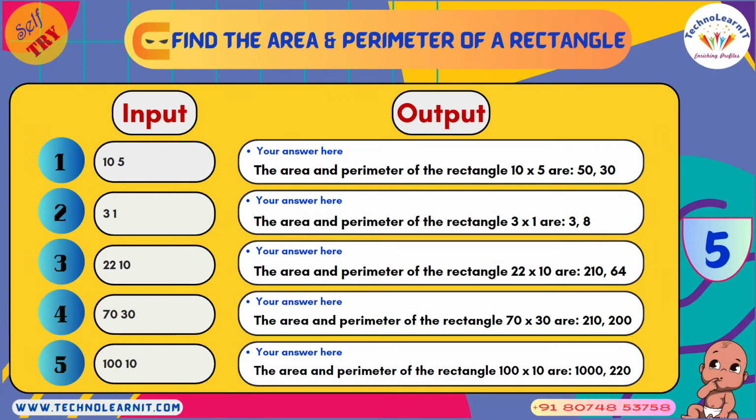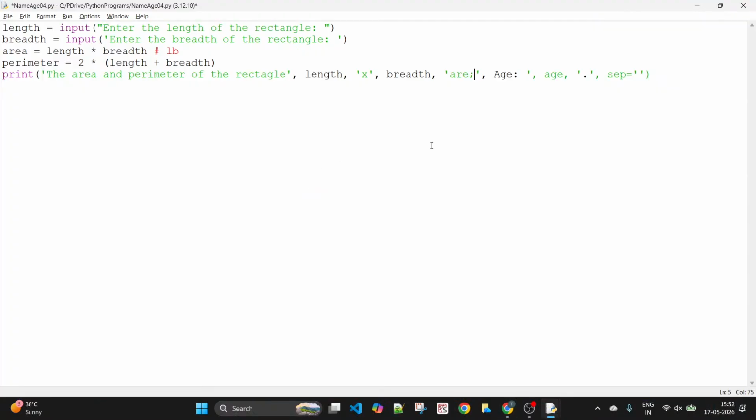Then you have to print the computed area and perimeter. So this can be your area variable, and then this can be your perimeter variable. And look at it, I'm not changing the value of either the separator argument or the end argument of print in this example. So what happens? It reads two inputs.